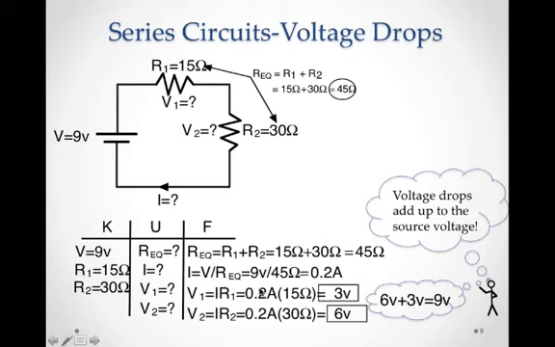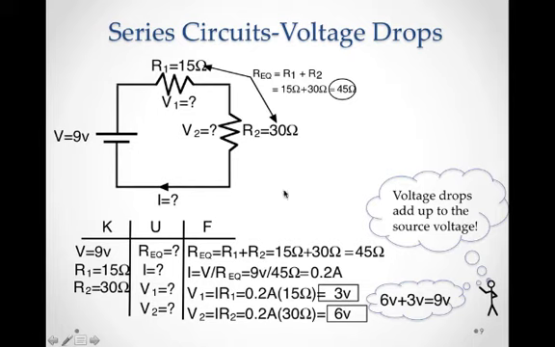Taking 0.2 amperes multiplied by 15 ohms and getting 3 volts, we did 3 volts of work per charge to move the current through this first resistor. We had 9 volts to start with. We used 3 volts, and so what must be left is 6 volts. And if you take the 0.2 amperes and multiply by the 30 ohms here, it does equal 6 volts.